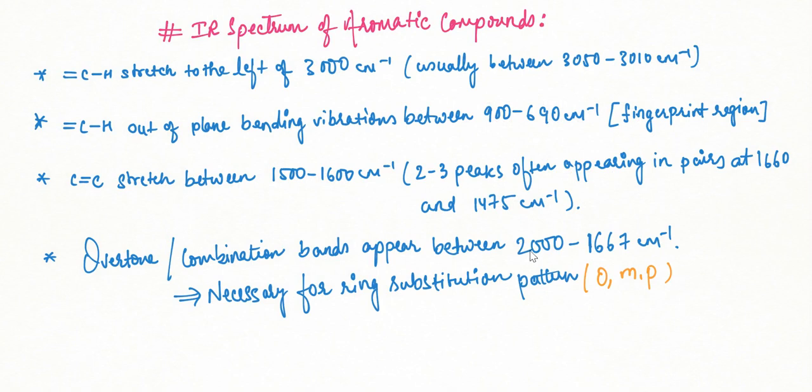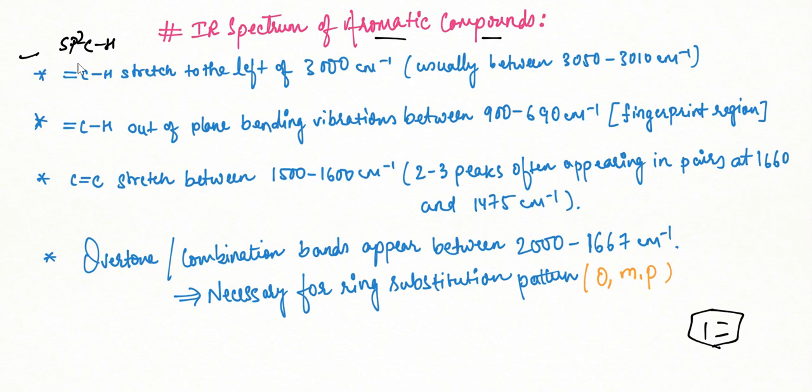Now we are going to focus on the IR spectrum of aromatic compounds, and quickly see what basic peaks we can get. If we consider simple benzene, the first thing is the carbon-hydrogen stretch. This is our sp2 hybridized carbon.